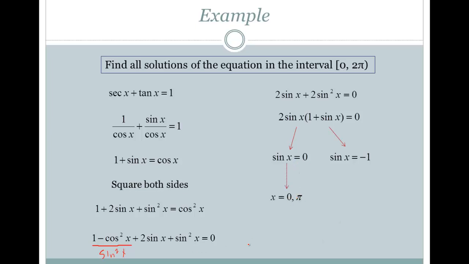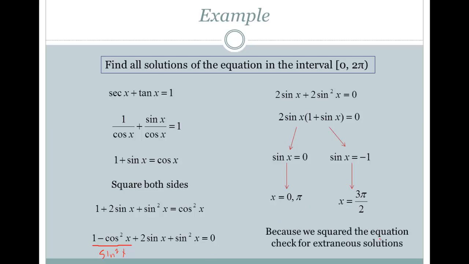We know the solutions to those. This is 0 or pi, and this is 3 pi over 2. Now we need to make sure we check, because we squared, for extraneous solutions. If I plug in 0, I get secant of 0 is 1, tangent of 0 is 0, so 0 works.